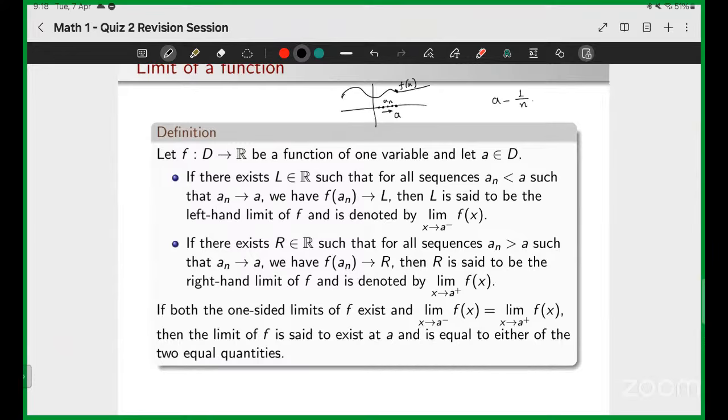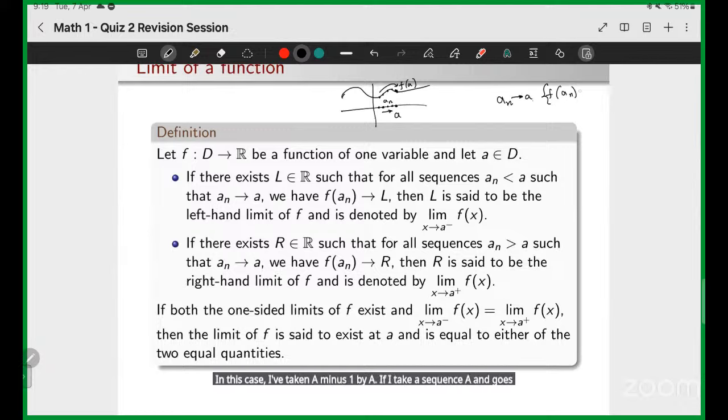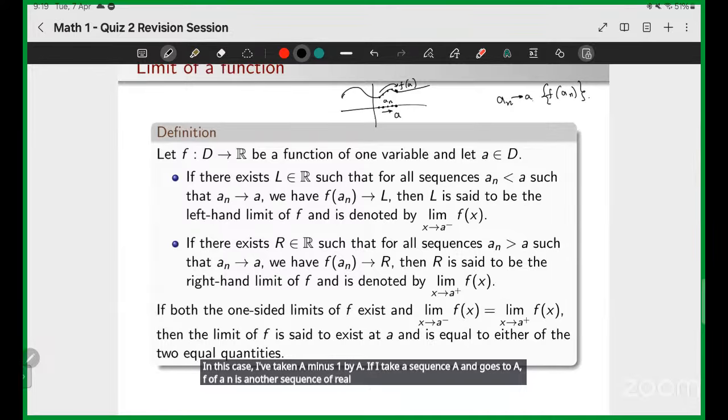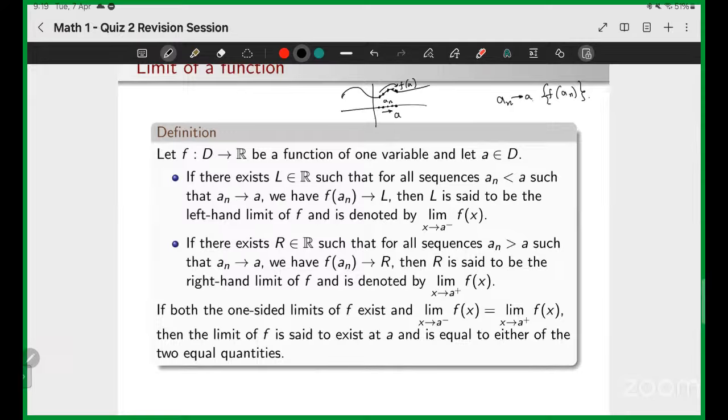And now I look at the corresponding function values, where f of a_n in general, in this case a minus 1 by n. If I take a sequence a_n going to a, f of a_n is another sequence of real numbers. If that approaches some real number, then we say, of course, f of a_n converges.